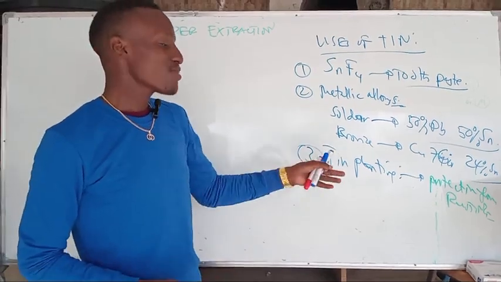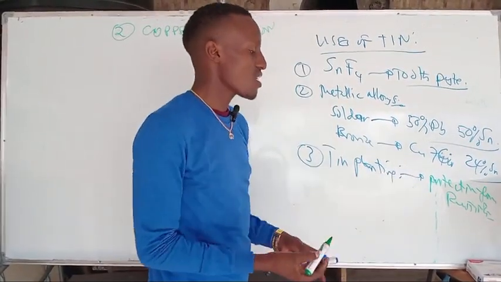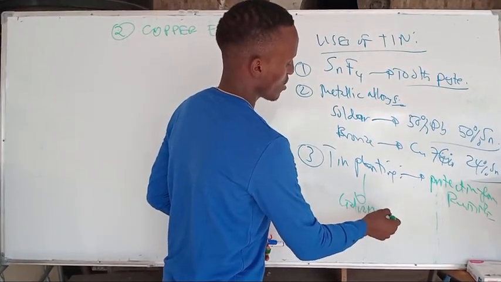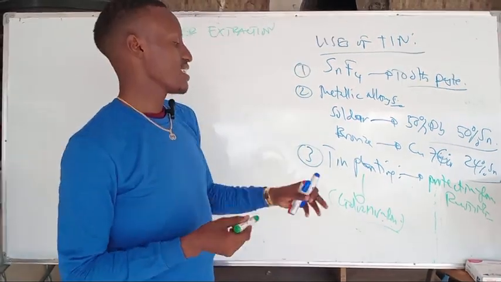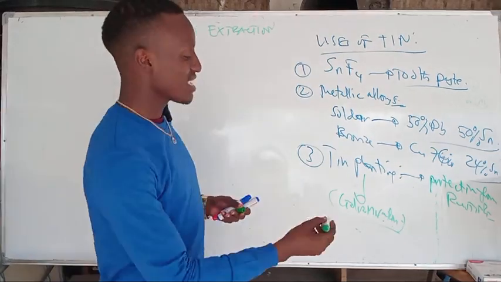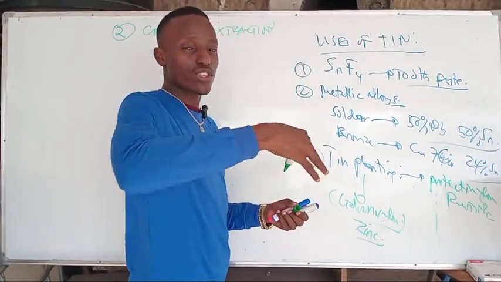Tin plating is very important compared to galvanization. The other method to protect metal from rusting is galvanization. But the reason galvanization is less important than tin plating is because this process uses zinc, coating zinc on the metal surface.